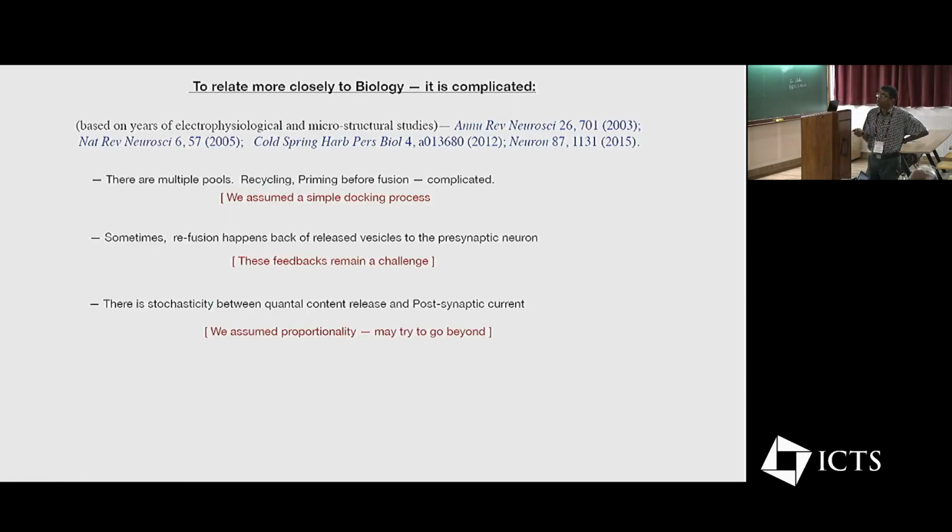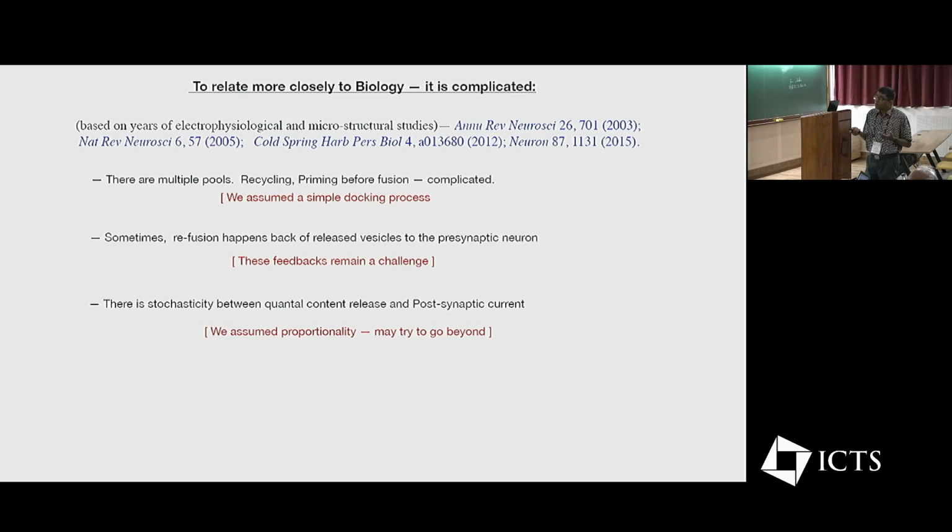Of course, if one cares about relating to biology, then there are more complicated things one has to address. Already in the past 10-15 years, it has been realized that this release I was talking of, of a single kind of synaptic vesicles, is not true. Typically, there are multiple pools.